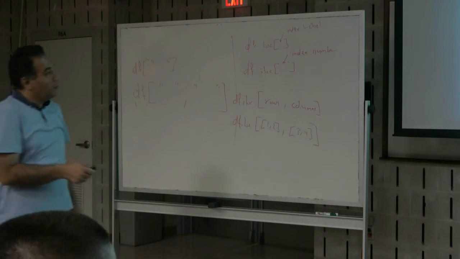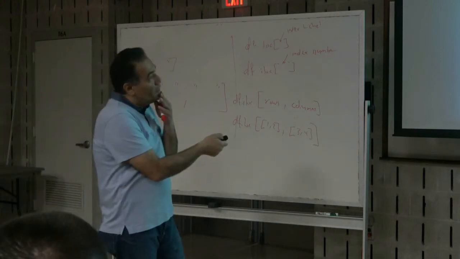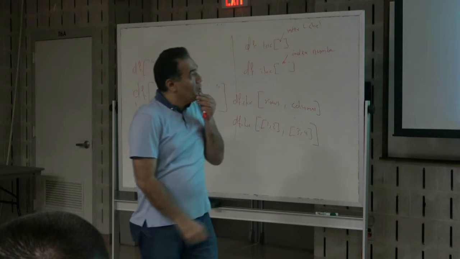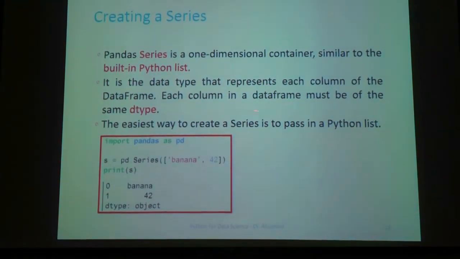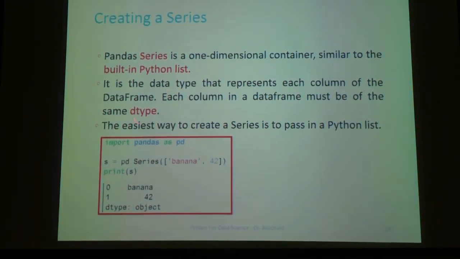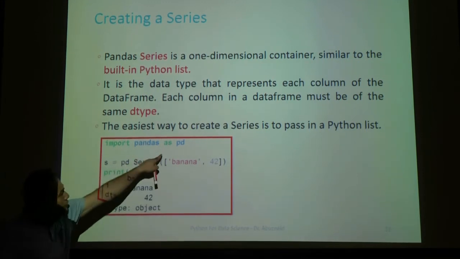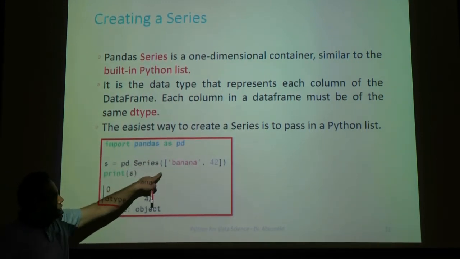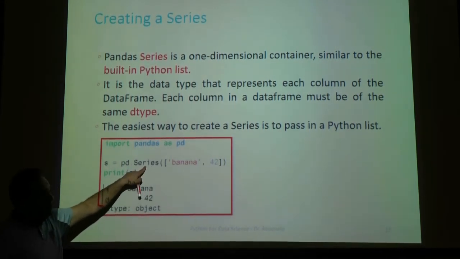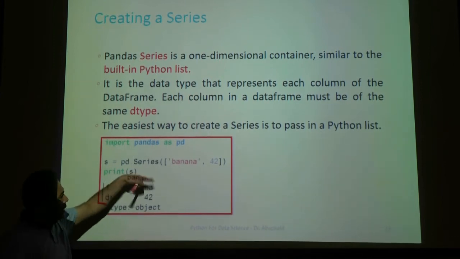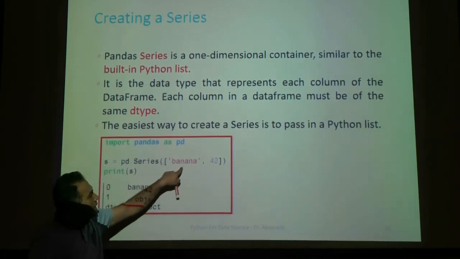A Pandas series is a one-dimensional container similar to the built-in Python list. It is the data type that represents each column of the data frame. Each column in the data frame must be of the same data type. For example, we import Pandas as pd, and pd.Series creates a series with two elements, banana and 42.